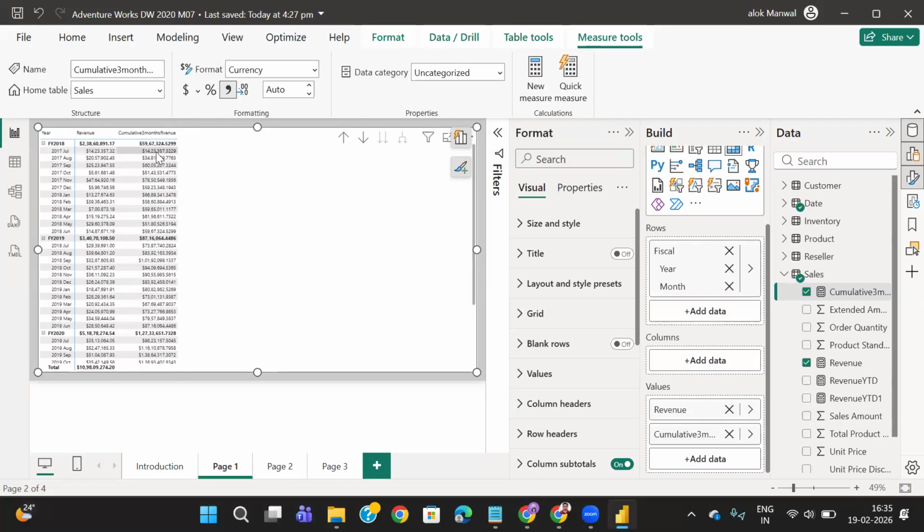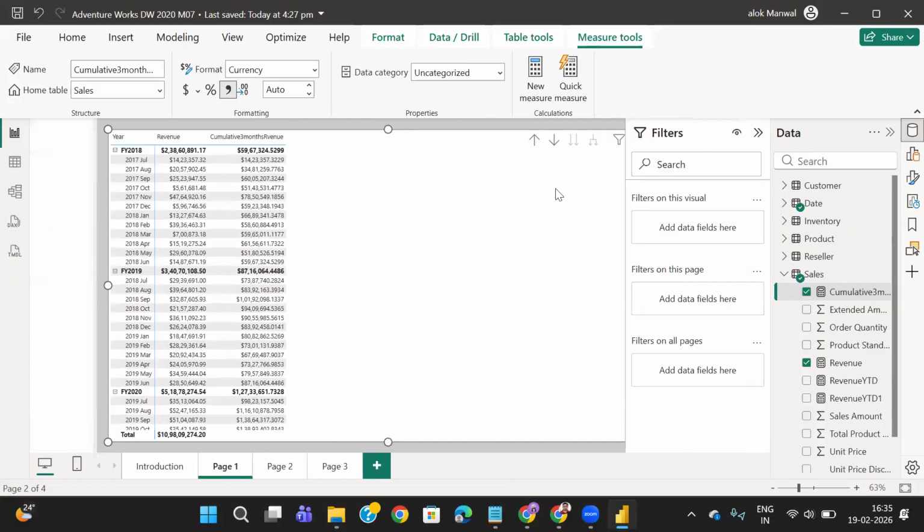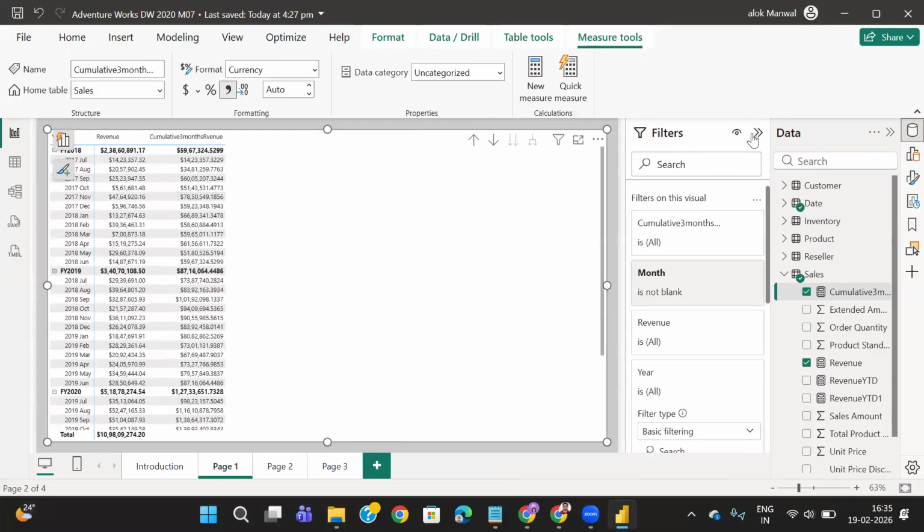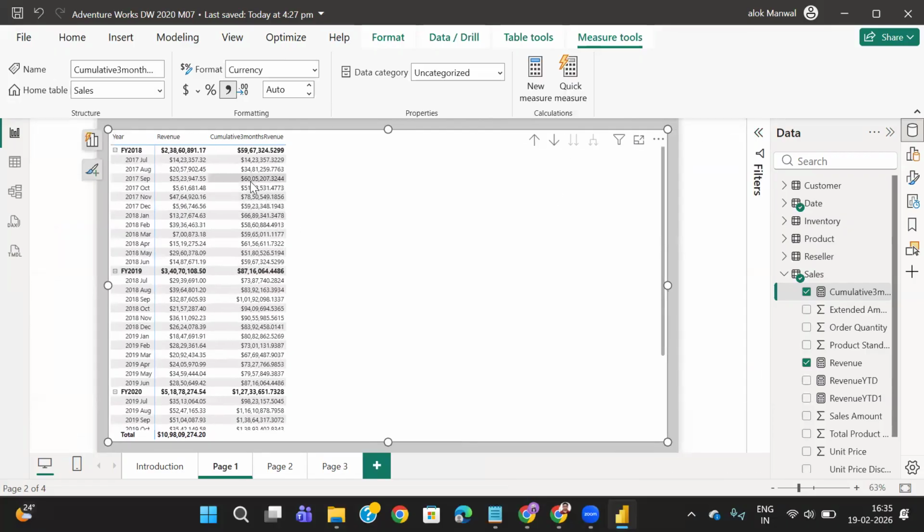Here is the first month. It's giving me the same result. Now the second one, it's giving me this plus this. Now the third one, this plus this plus this gives me this result.